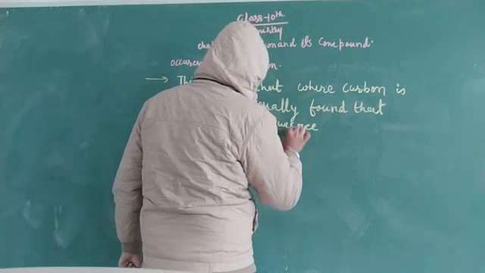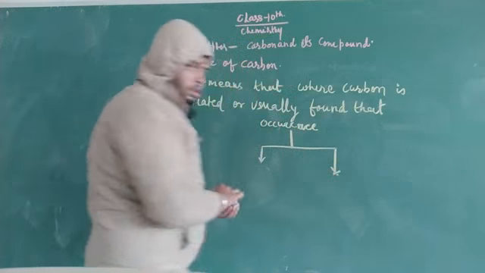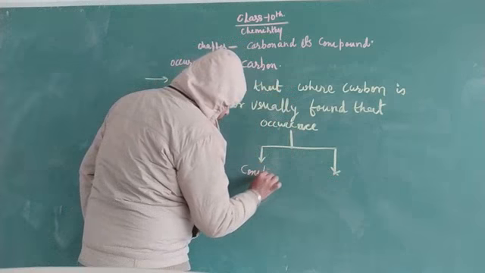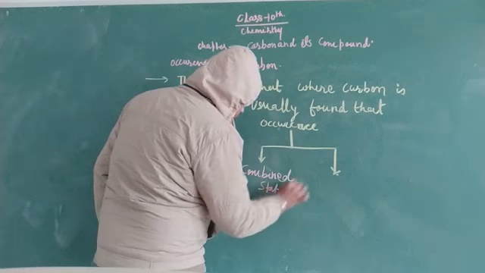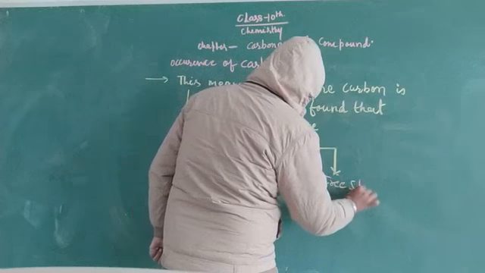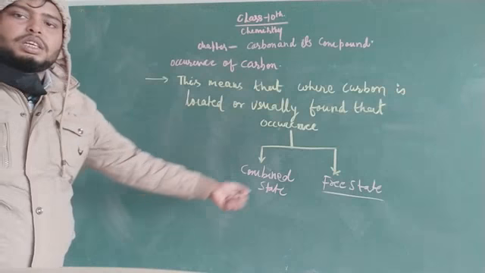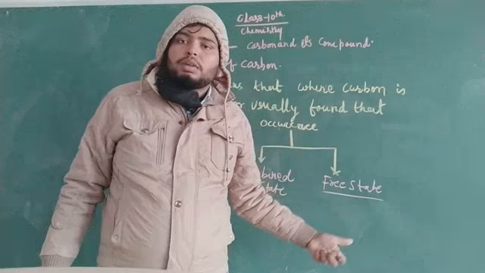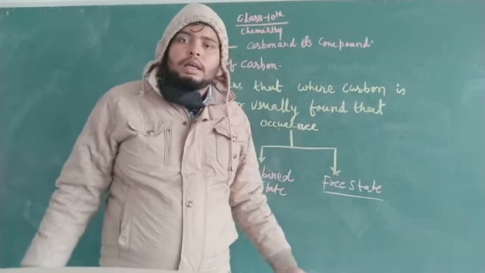In terms of occurrence, there are two states here. First one is the combined state, and another one is the free state. What is the meaning of combined state and free state? Free state means where carbon is present in the form of free atoms, free substances.